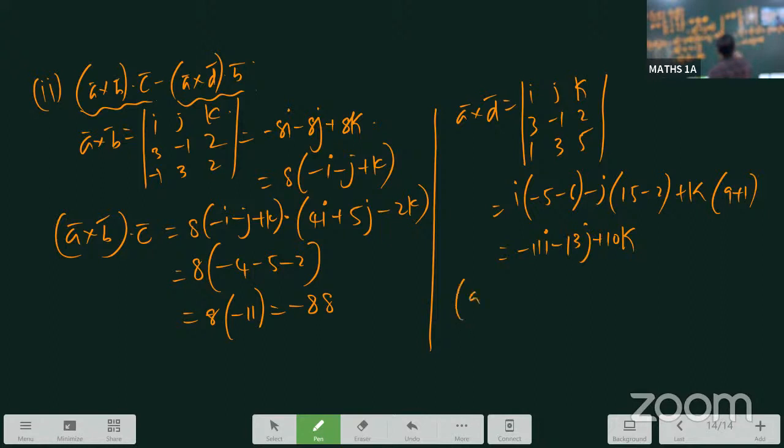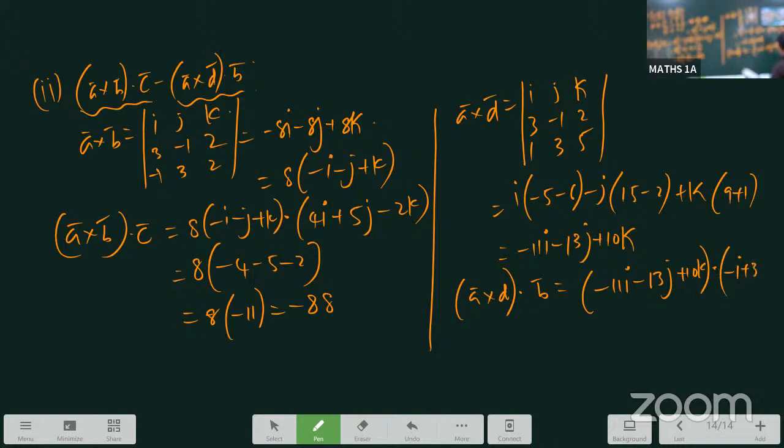Now A bar cross D bar dot B bar. What is this? Minus 11I minus 13J plus 10K. Your dot product with B bar. What is that B bar?